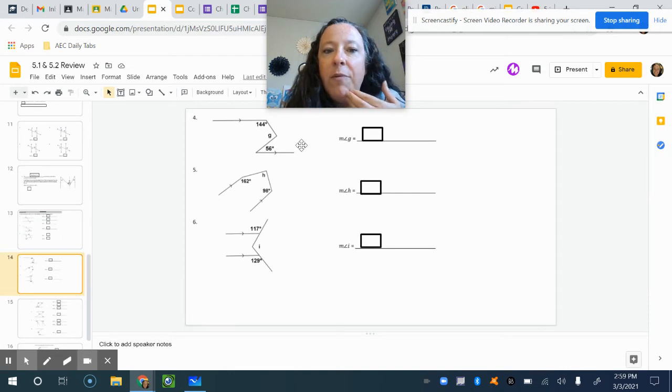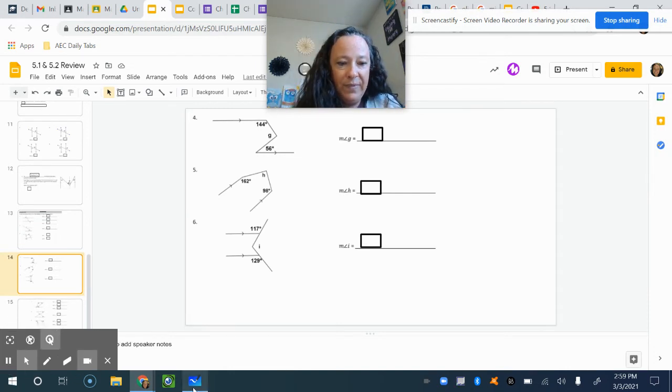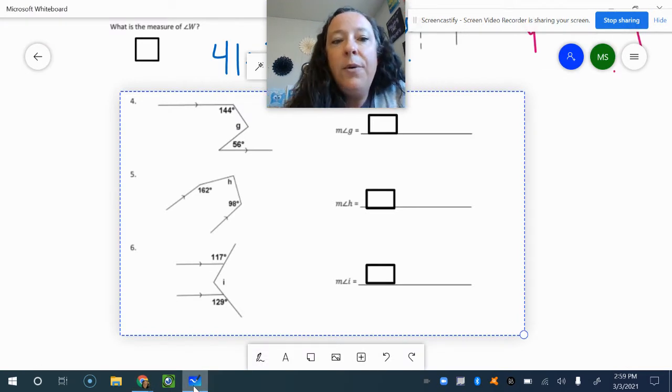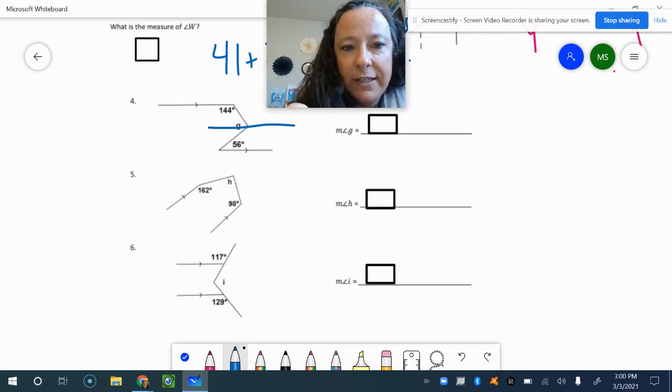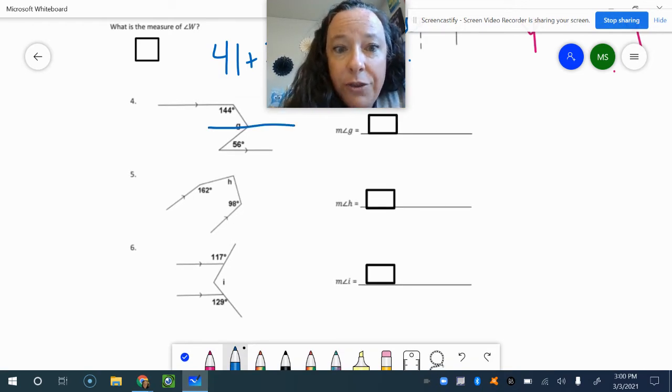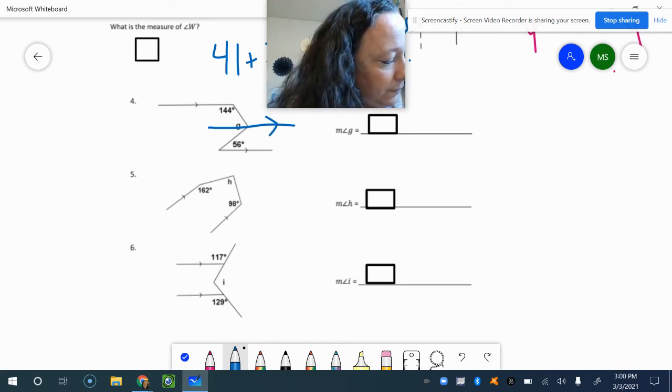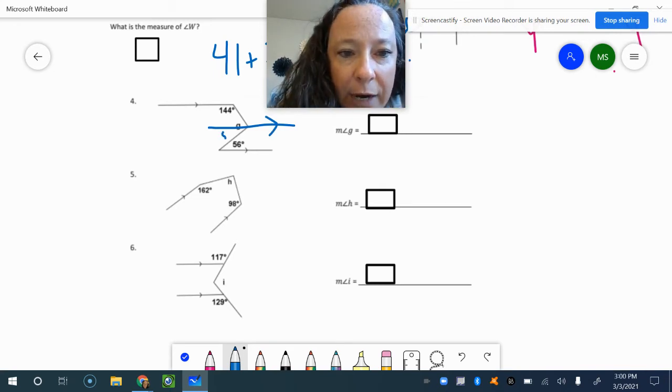Now over here, we would want to draw an auxiliary line. We've got parallel lines, but we don't know how to find G. So you would draw this auxiliary line right there. It's a third parallel line. And this right here would be 56.